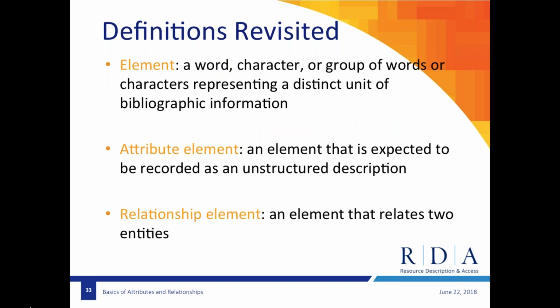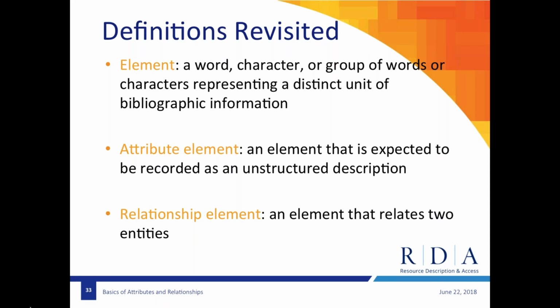So now that we've talked a little bit about how elements work in the new toolkit and the different types, I wanted to take a look at these definitions again. So we still have the current definition of an element that came from the original toolkit. And what I'm wondering is, do we still think that this is accurate?